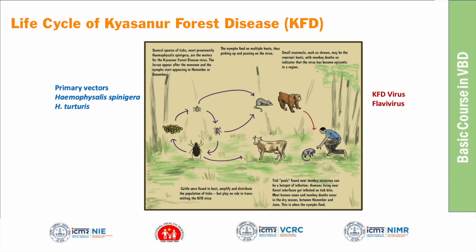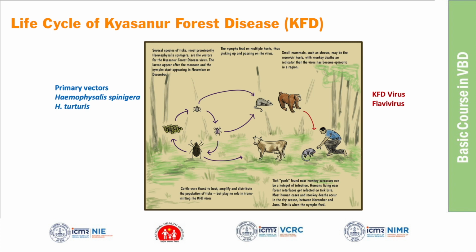Here, the ticks produce a large number of eggs during monsoons, and they produce the larvae and the nymph during November, December in the dry season. They resort to biting various animals, shrews and monkeys and all that.